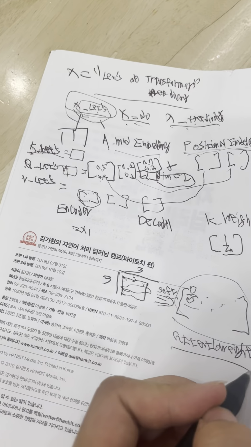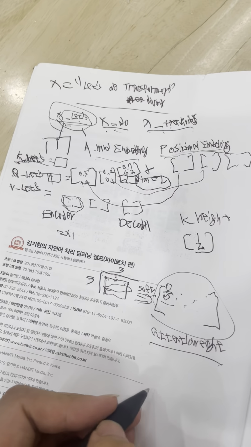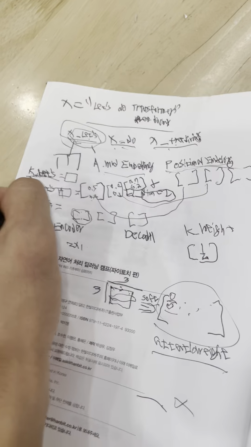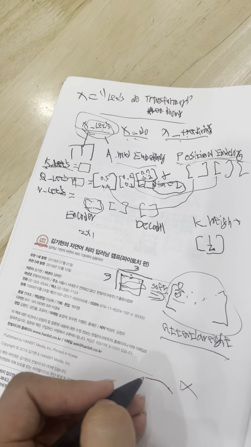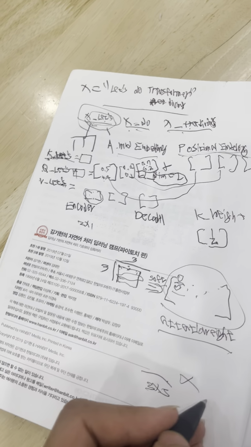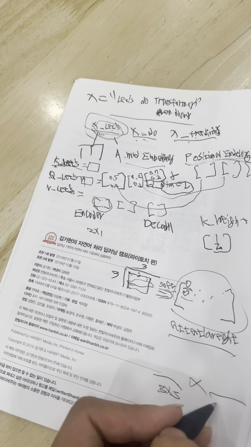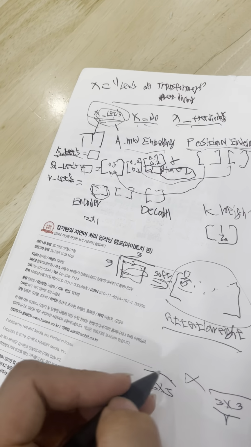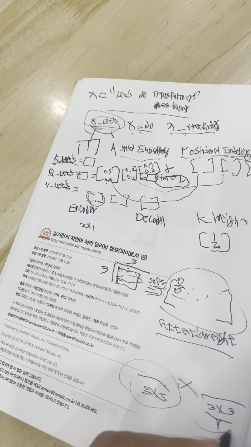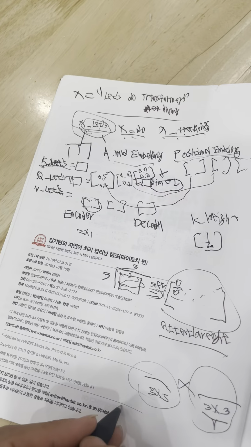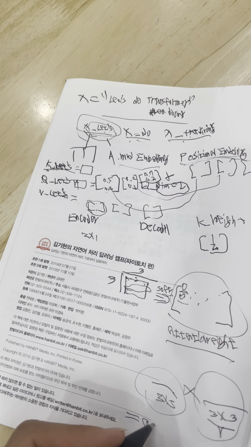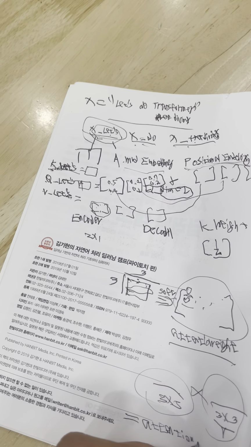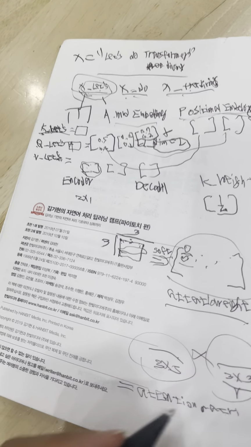From the attention weight matrix, what we will do is multiply the attention weight matrix with the value matrix that we made here, 3 by 3, and the value matrix should also be 3 by 3. Then we multiply them and get the attention matrix. Okay, wait a minute, I will pause.